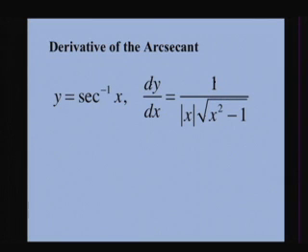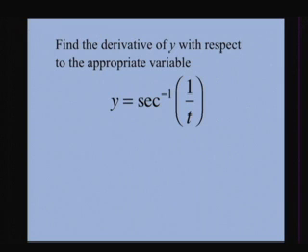Once again, the best way to see this in action is to do an example. So let's find the derivative of y with respect to the appropriate variable, which in this case is t. And we have y equals secant inverse of 1 over t.